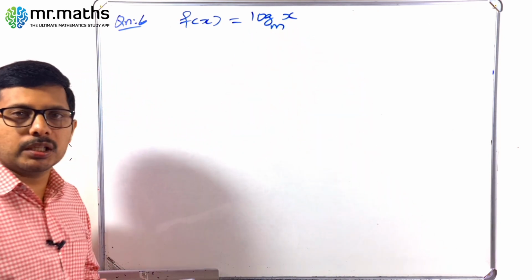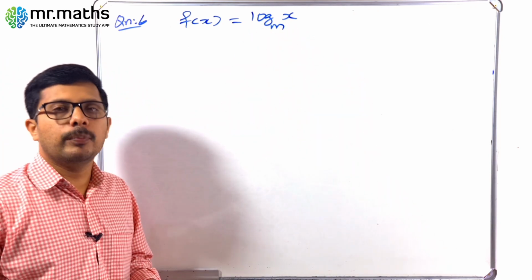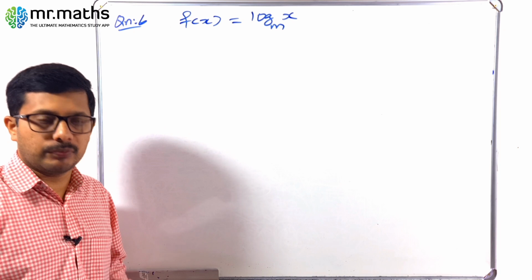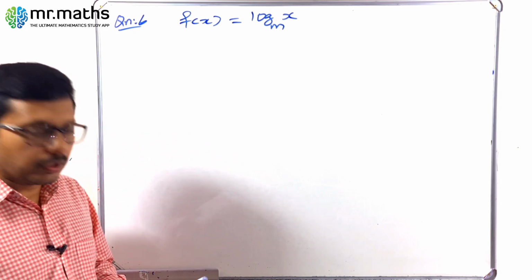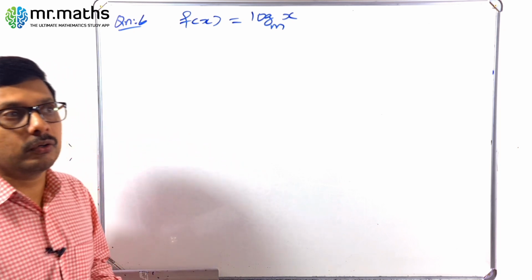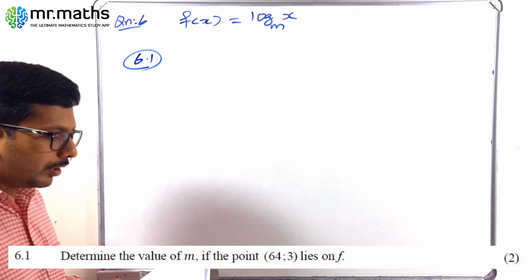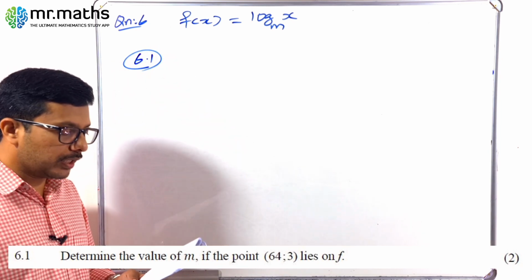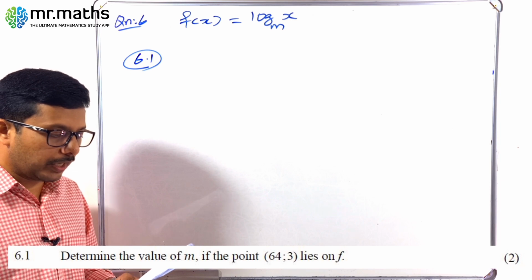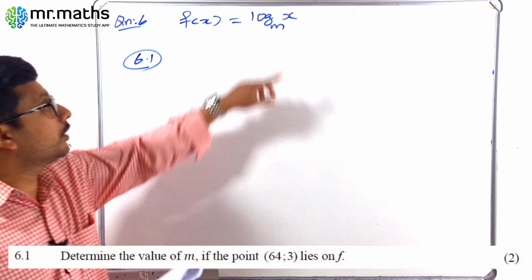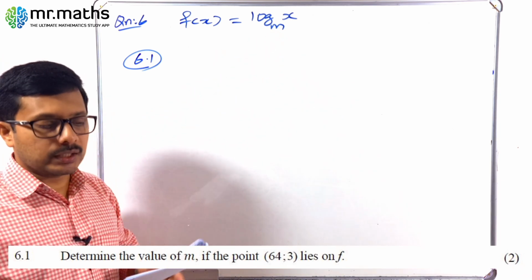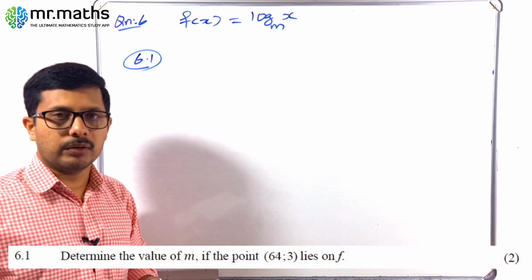So there is a function given like this, log x to the base m. So it's a logarithmic function. That's all given. Now what is the first question? 6.1. Determine the value of m if the point (64, 3) lies on f. You have to find the value of m if (64, 3) lies on f.